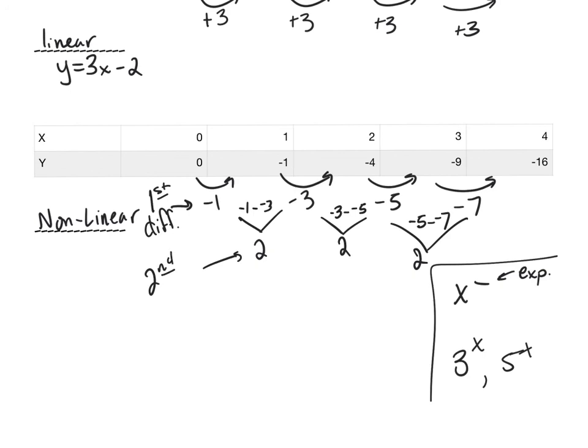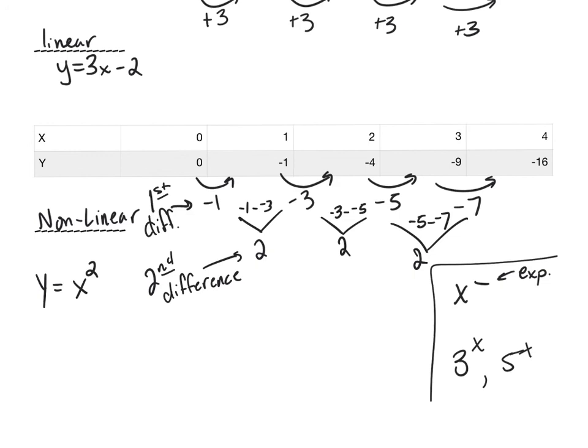This is the second difference. You guys need to focus. I'm almost done. Second difference, I got all the same. So when you go to write this equation, because you took the difference twice, your exponent is going to be that same thing. I did it twice, so my exponent is 2.